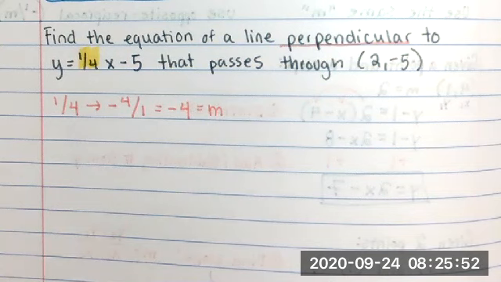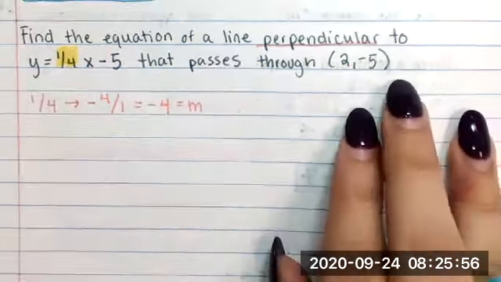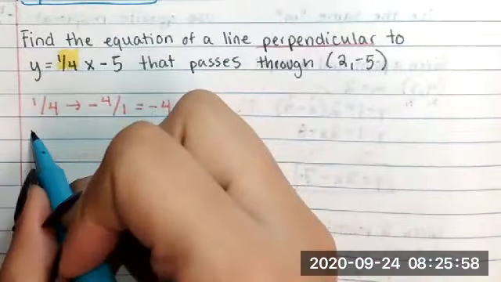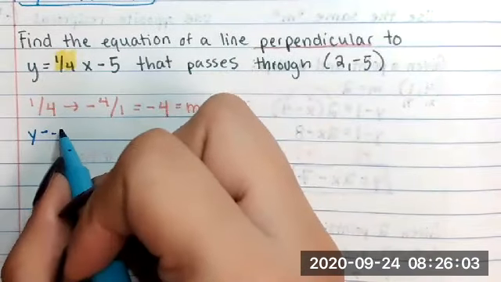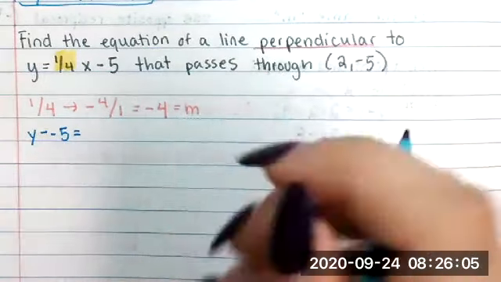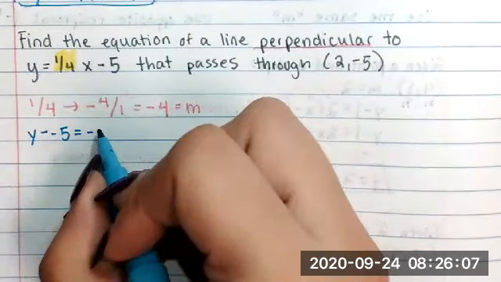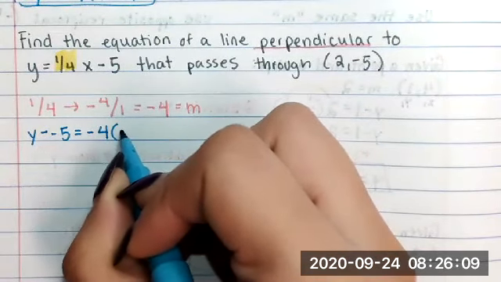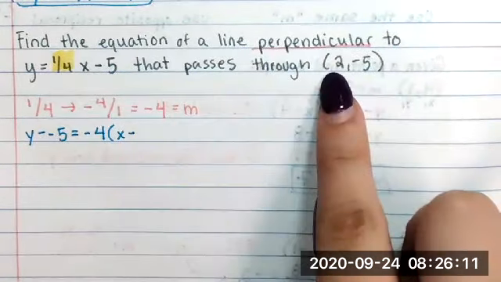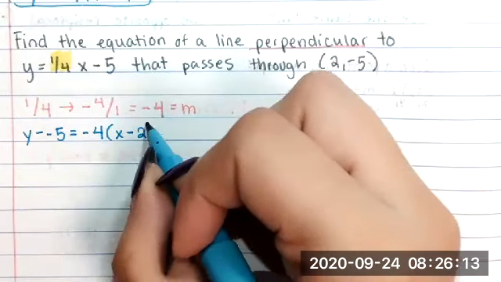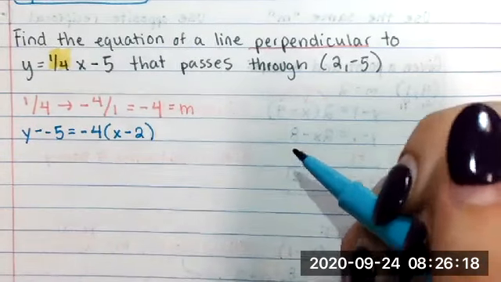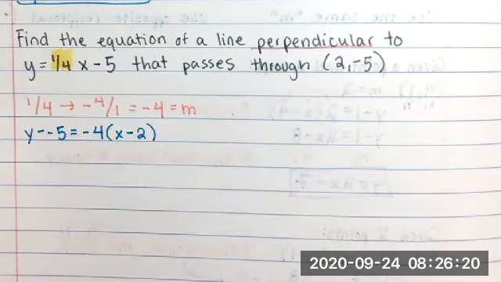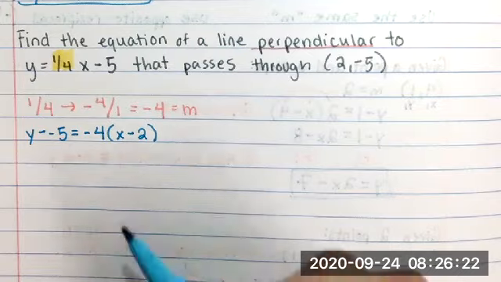So let's wrap it up and find the equation of the line with point slope. Y minus our y coordinate of negative 5 equals our slope times x minus our x coordinate. Remember, formulas are just like sets of instructions, but in symbol form.